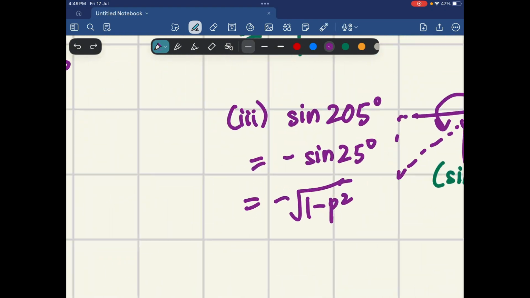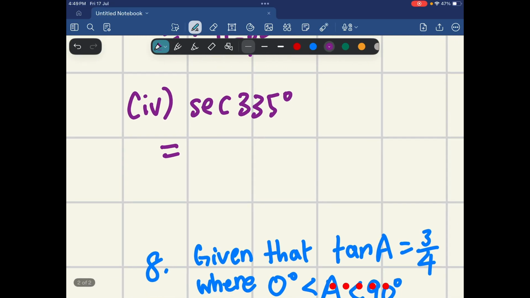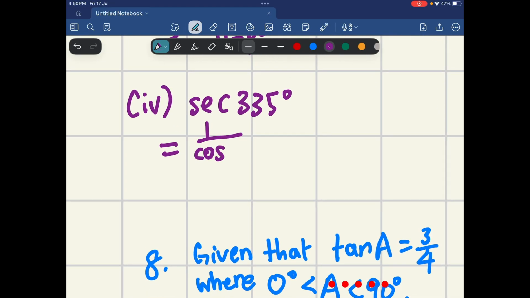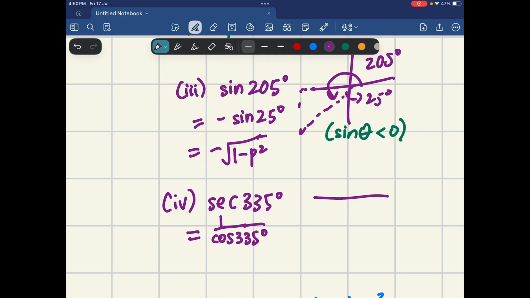Then we have IV on number 4, where they ask us to find secant of 335 degrees. Now secant is 1 over cosine. So again, we have to draw out the diagram. And again, you realize that your reference angle will be 25.